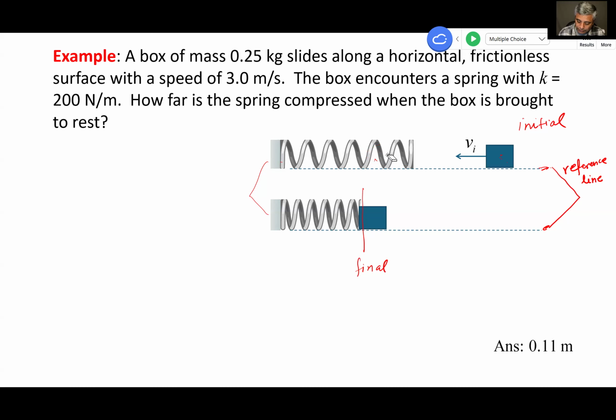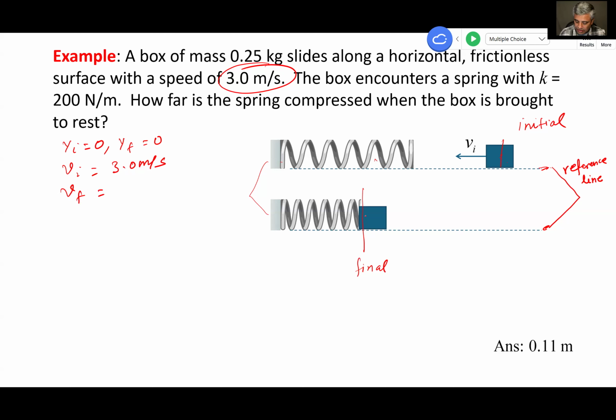So we can write those things. Initial vertical position is 0, final vertical position is also 0 because the vertical position is not changing. And now the initial speed is given, which is 3 meters per second. How about the final speed?